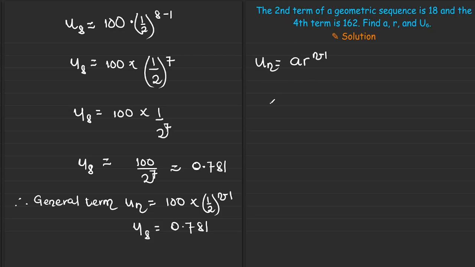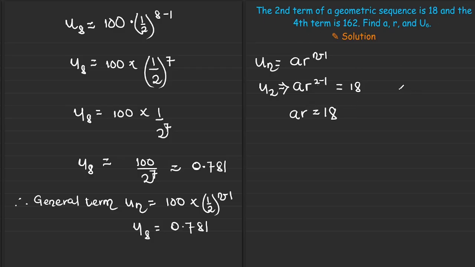If we are being given the second term, U2, then it is A times R to the power n minus 1, and in this case, the n is 2. So 2 minus 1, and we are saying all this is equal to what? 18. If you simplify, we have A times R being equal to 18. The reason why it's now R is we have 2 minus 1, and 2 minus 1 gives us 1. So we keep that over here.